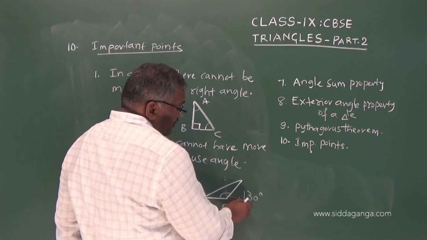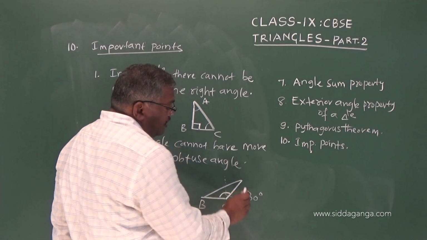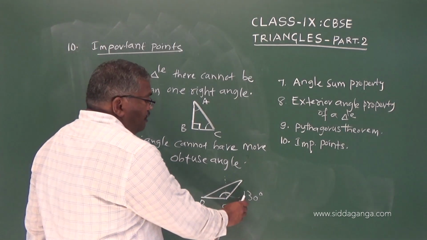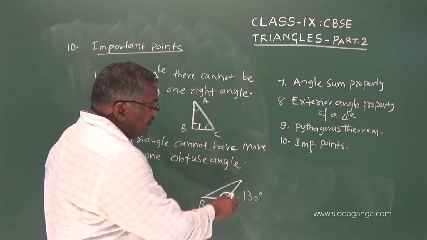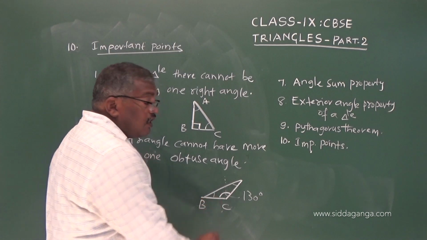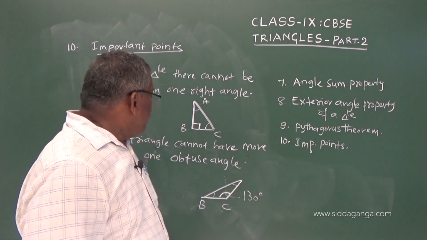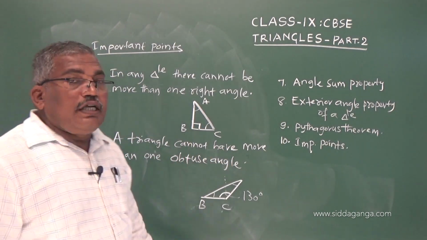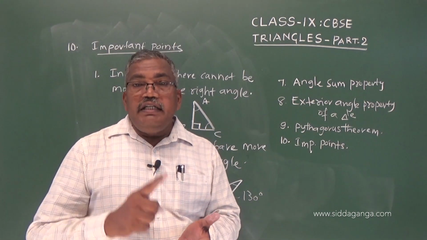When one angle is 130, how much value is remaining? 180 minus 130 is 50 degree. So, 50 degree should be shared by the other two angles. So, there cannot be another obtuse angle in a triangle. That is the meaning. A triangle cannot have more than one obtuse angle. A triangle cannot have more than one right angle.